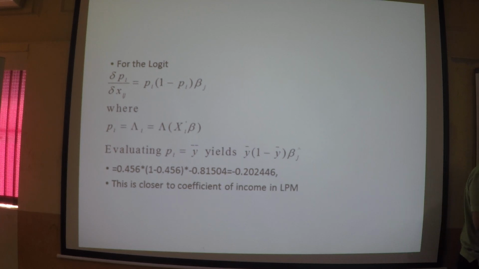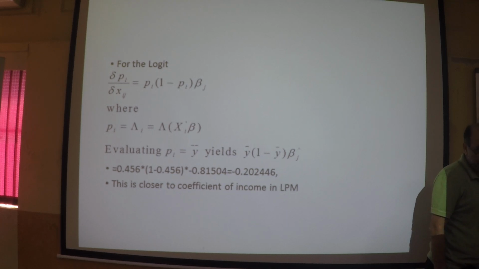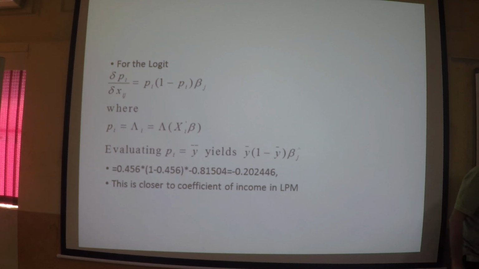Here the logit is pi equal to lambda of xi beta, right? So pi upon 1 minus pi is this, okay? From which it follows that pi is 1 minus pi times e raised to xi beta, right? Sure? Okay?